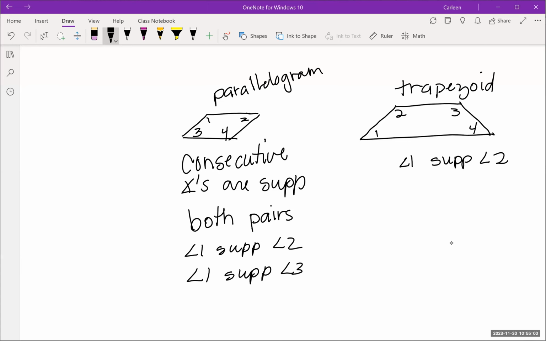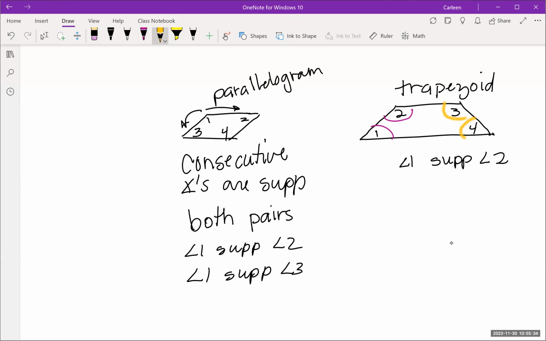So can you see with a parallelogram, one could go with this one, could go with this one. They're all supplementary. Not 1 and 4, but consecutive. But with a trapezoid, it's only these two, and, oh, I said they were congruent. I don't want to say congruent. Those two are supplementary. And these two are supplementary.